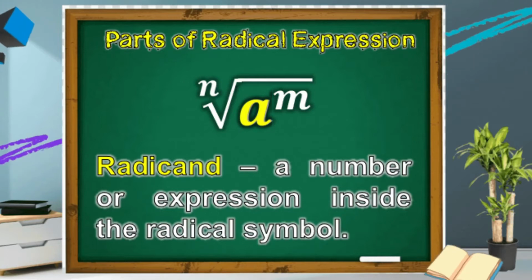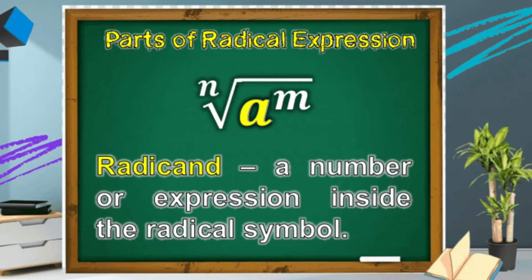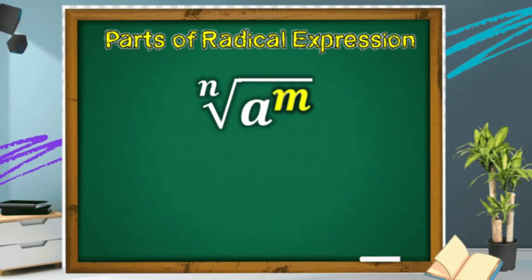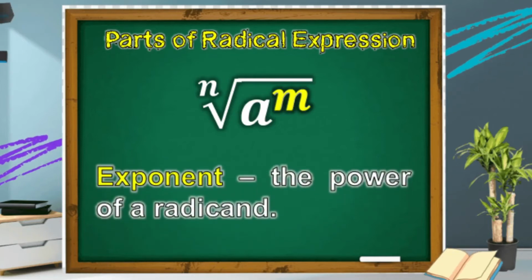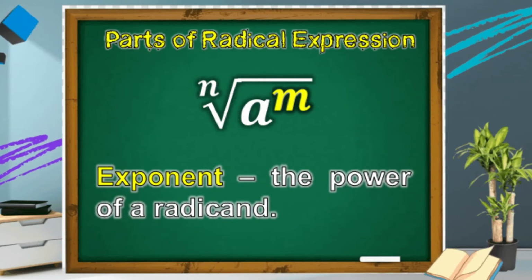Pwede yang maging 5, 8m as an expression yon. And then pwede rin yang maging x lang. Pwedeng maging 4, no? And then m is the exponent of the radicand, or siya yung power of the radicand.